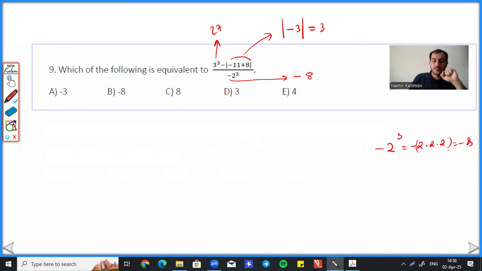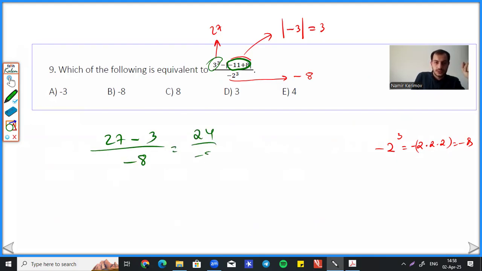It's negative 8. So now we got that 3 cubed is 27, and the absolute value is 3 over negative 8. So 24 over negative 8, that will be negative 3. A is the answer.